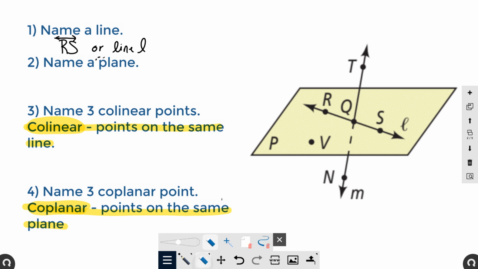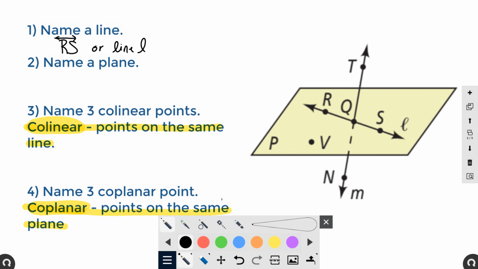Okay, how many letters do we use when it says name a plane? 3, okay? Any 3 dots that appear to be on that flat surface. So what 3 letters could you use? P, what else? You got name 3. V, one more.